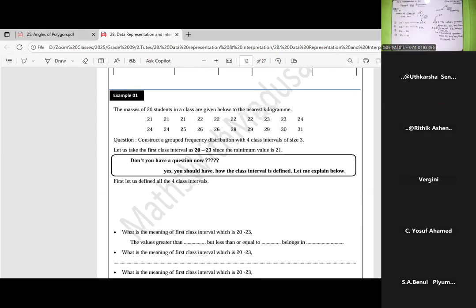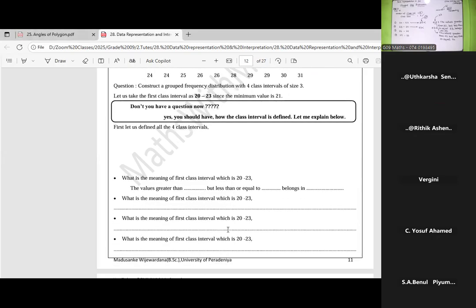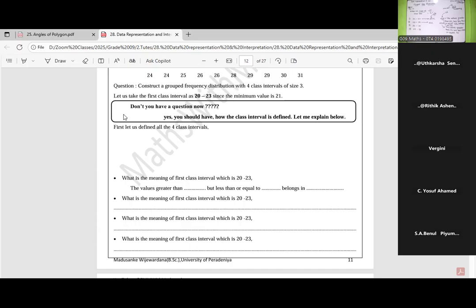What you need to understand here is, guys, if you want, you can write like this as well. The meaning of this class interval is greater than 20 and less than or equal to 23.